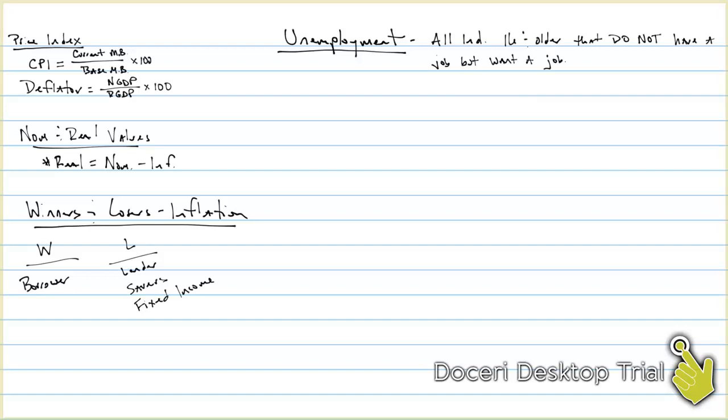And we need to know that our unemployment rate, UE rate, is equal to the number of unemployed divided by the labor force times 100.